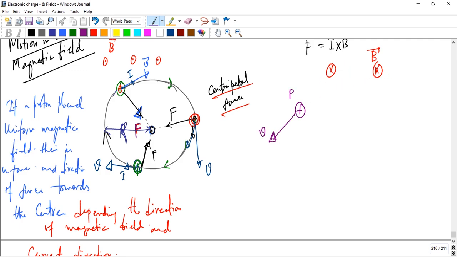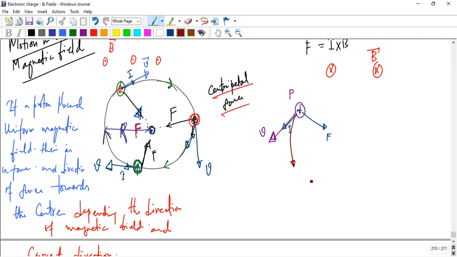Obviously the current is in the same direction. So there is a magnetic field cross, so I cross B, and the force is towards the center direction.